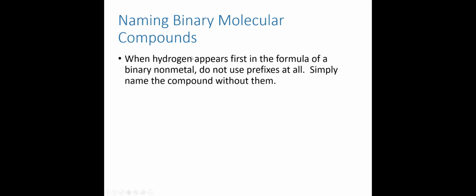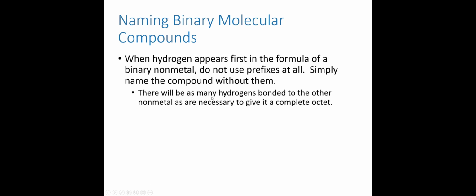When hydrogen does appear first in the formula, we don't use prefixes at all, and we just name the compound without them. There will ultimately be as many hydrogens bonded to the nonmetal as you need to get a complete octet. So it's almost like an ionic compound in that there's only a fixed ratio for each of these combinations.